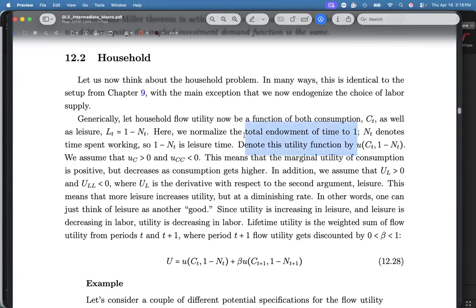You can imagine the endowment of time to be like number of days, and then N and L will be like shares, or percent. Let's say that you spend 40% of your time working. Then 1 minus 40% will be leisure, for instance. You can then think of endowment of time as available free time.